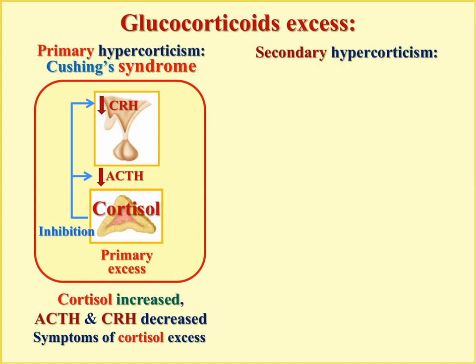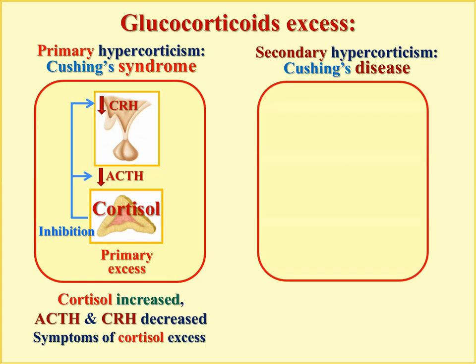Then, second case, secondary hypercorticism or hypercortisolism. This is Cushing's disease. This is exactly what Cushing described first in 1912. And here, this is secondary. Cortisol is produced by a healthy adrenal gland, but this healthy adrenal cortex is simply overstimulated by excess of ACTH.